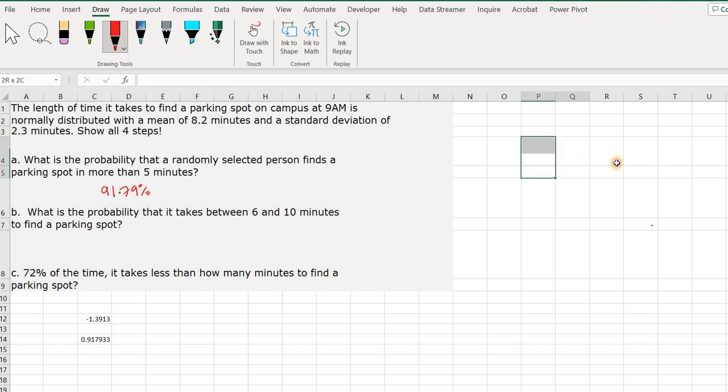So step number 1, I will graph the distribution and annotate. So the middle is the mean, 8.2. The standard deviation is on the side, 2.3.